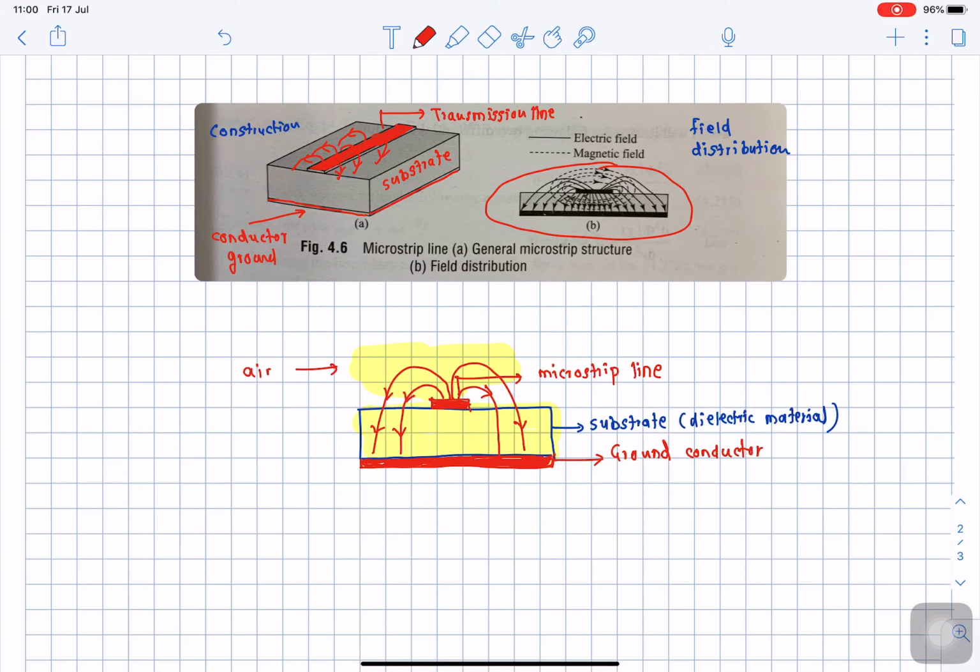And these electric lines of field, they enter through the substrate, and then finally they will terminate on the ground plane, okay, or on the ground conductor. So these are the electric field lines. Okay, so what the red color line with the arrow indicates, the electric field lines, right?